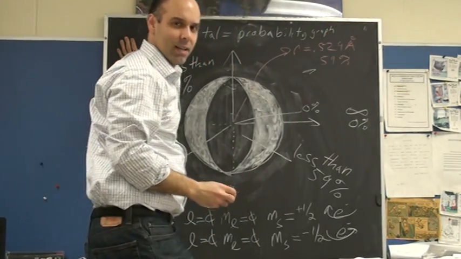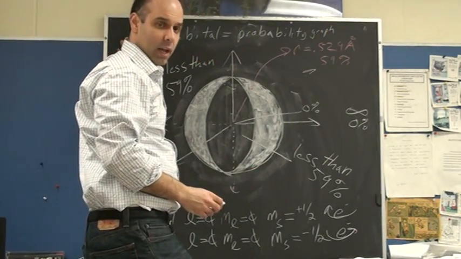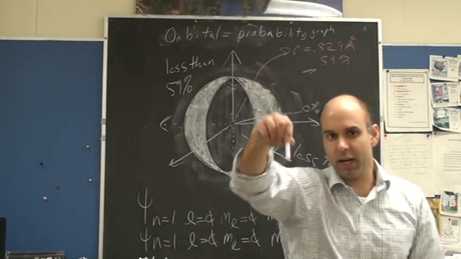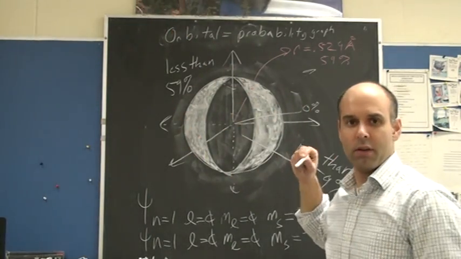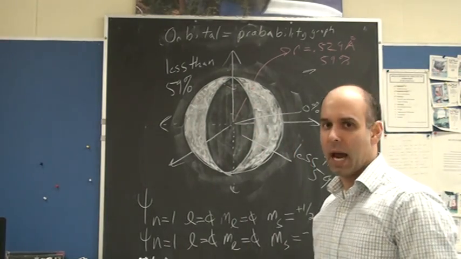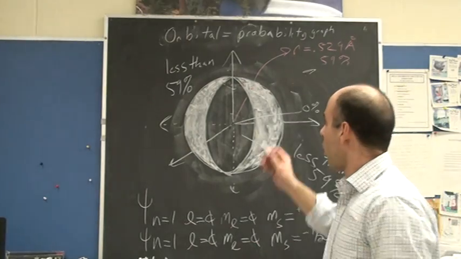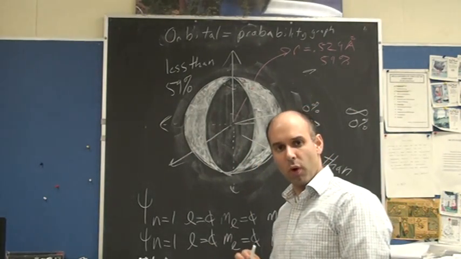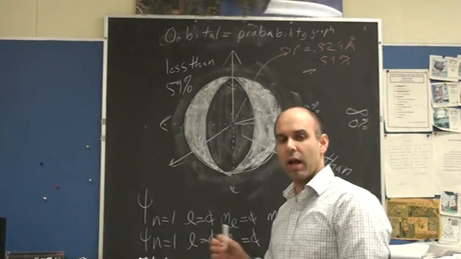It does not tell you the path of the electron. Planets orbit. Planets go in a definite path. Moons orbit around planets in a definite path. Orbitals are probability graphs. So do not confuse orbits and orbitals.